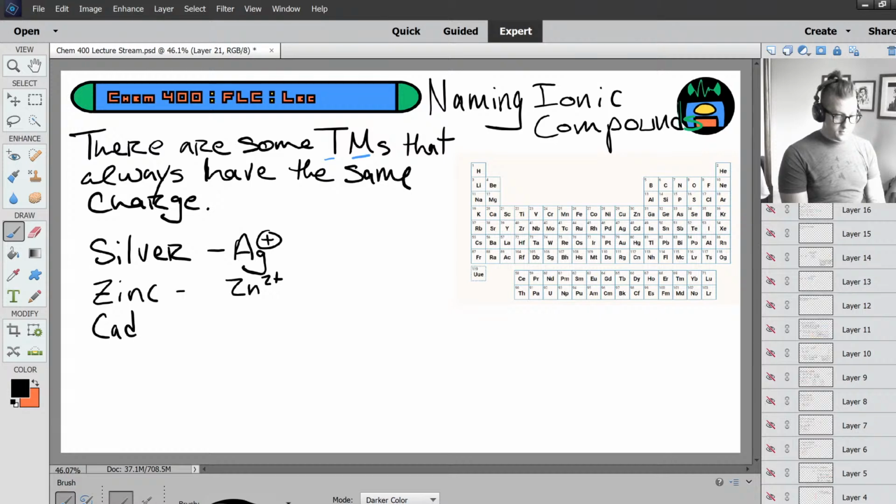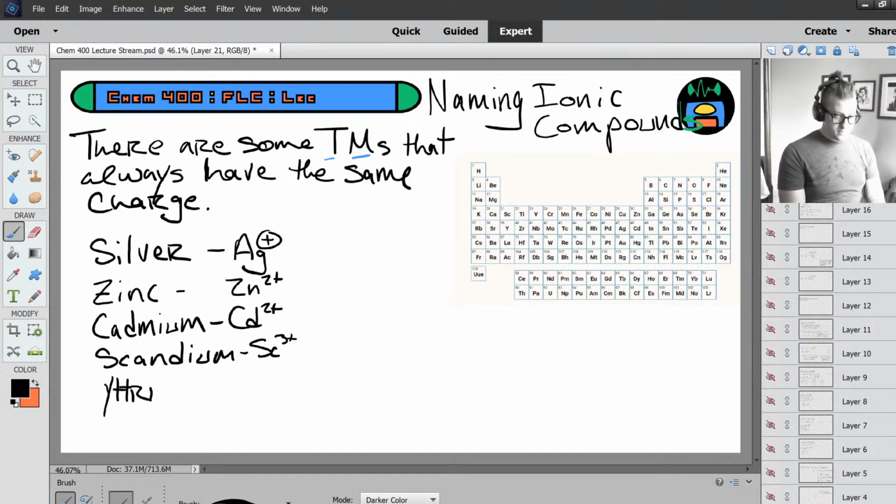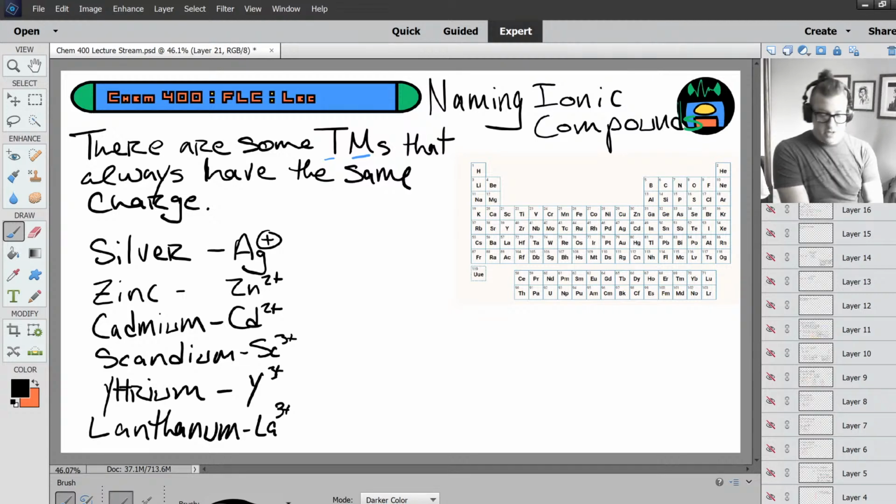Cadmium is another one. Also +2. Scandium, Sc, is a +3. Same with yttrium. Also +3. Lanthanum also will always have a charge of positive 3.